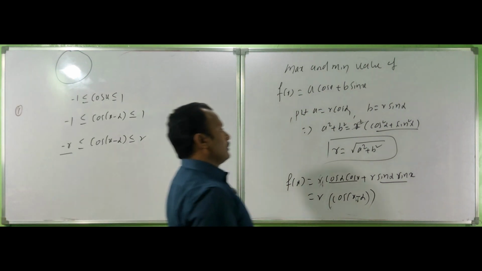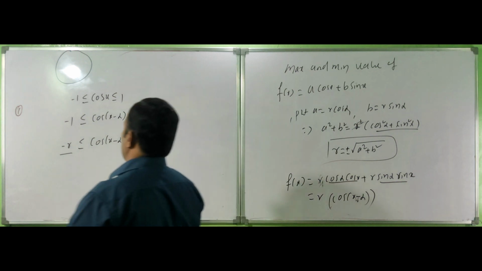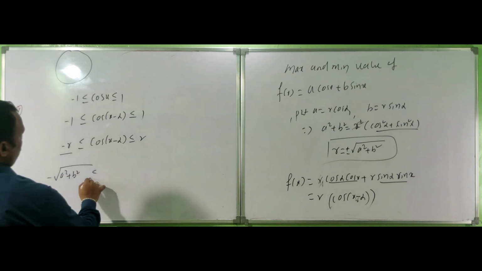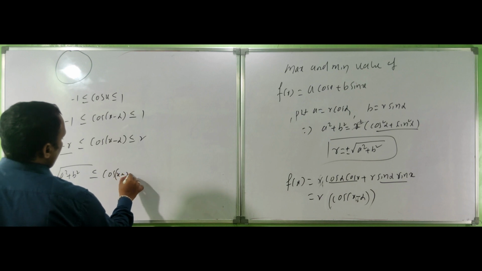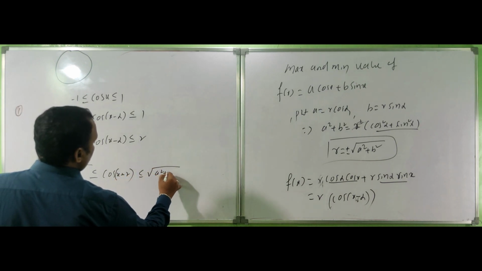So what is the value? It is plus or minus the root. Minus r becomes minus the square root of a square plus b square, less than or equal to r cos of (x minus alpha), less than or equal to the positive square root of a square plus b square.